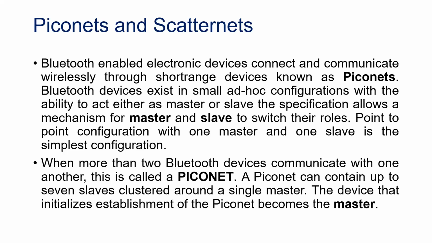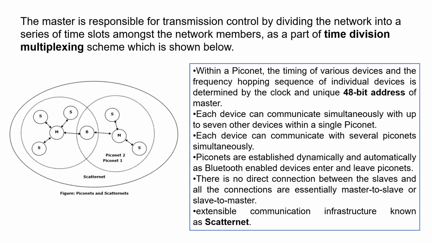The master can communicate with the slave, the slave can communicate with the master, and a slave can communicate with another slave through the master. This is the way in which the piconets and scatternets are used for communication. These are simple things. You will remember this. Here you can see the diagram of scatternet as well as piconet.